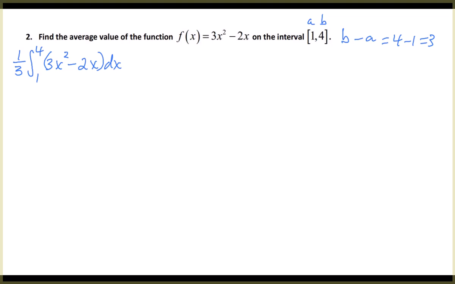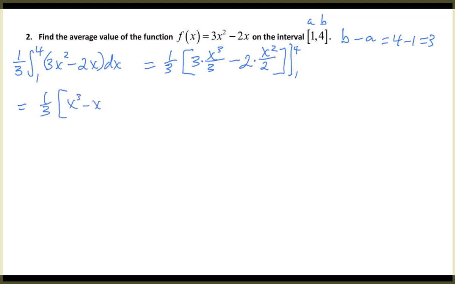Okay, let's see, that's x cubed minus x squared. I think. Yeah. Good call. So there it is in terms of variables. And my 3's cancel, and my 2's cancel. And like the man said, it's just going to give us this. So every place I see an x, I'm going to put a 4.